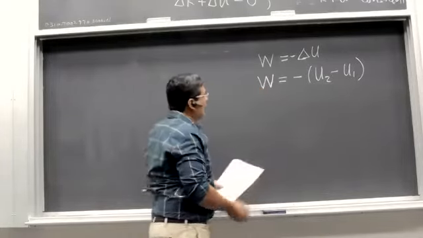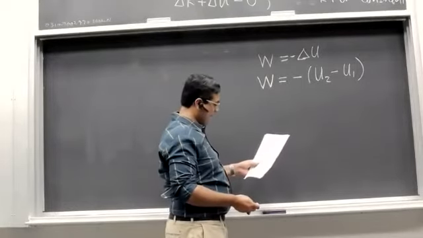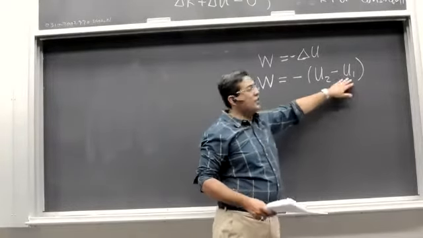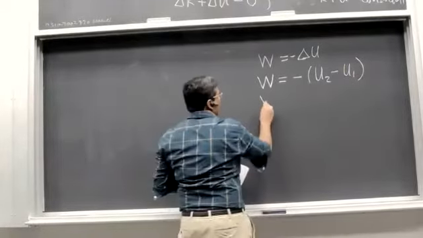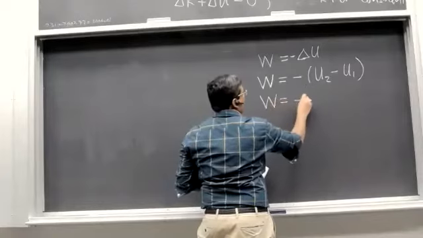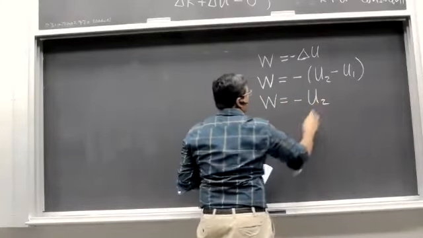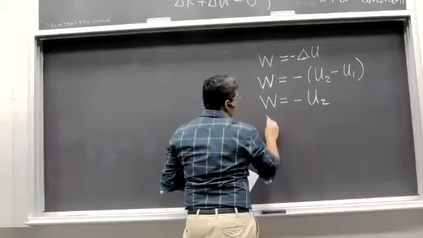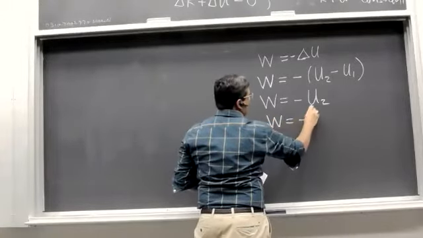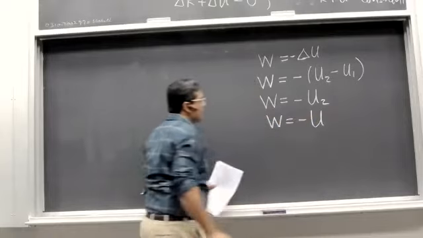Let's say that the initial energy is 0. Yes, we can choose that. Then work is simply U2, that's my final energy. So I can just drop this notation and say W is equal to minus U.